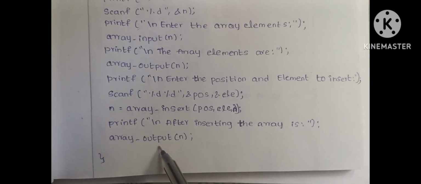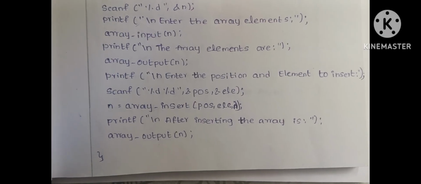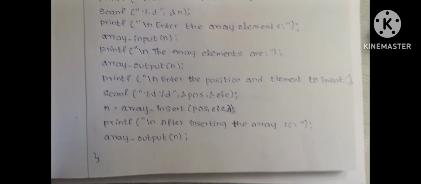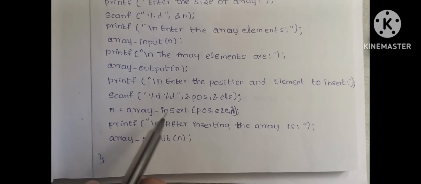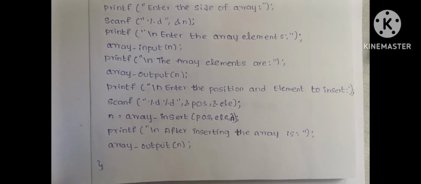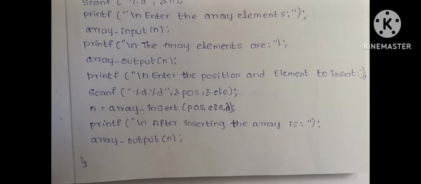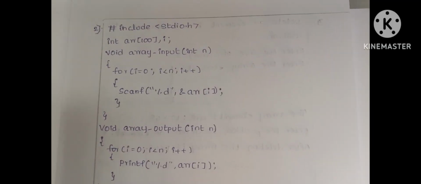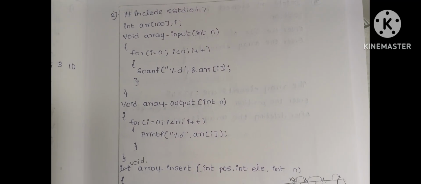So at last I'm printing the total array after inserting the element which we need. Okay. So here the output will be printed finally after inserting the element which we need. So this is how we will do the insertion in the arrays. Let me show you the code once from the starting, so that you can take a screenshot. It will help you to understand after the video also.